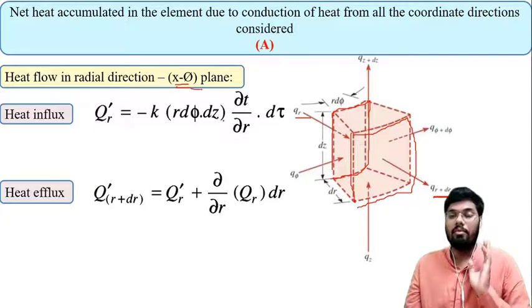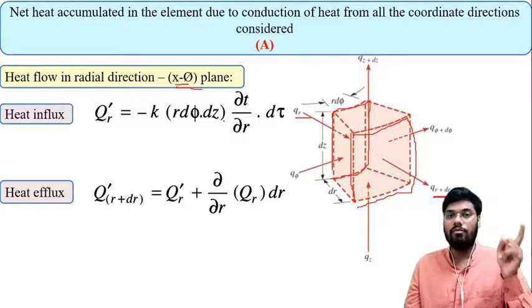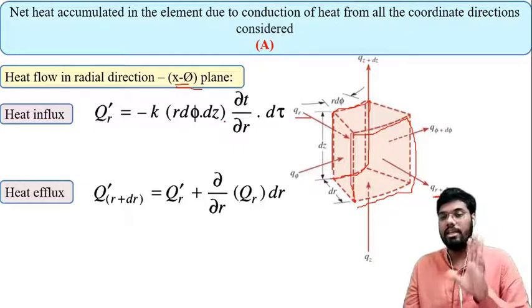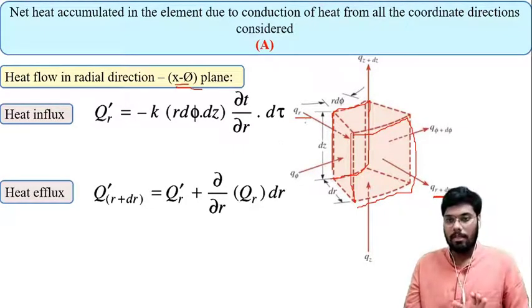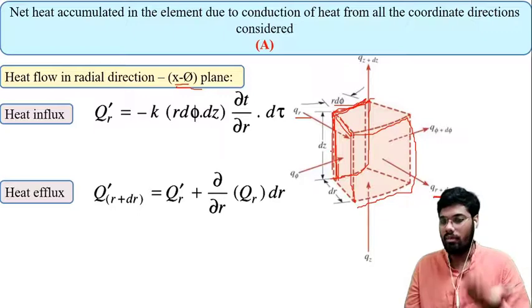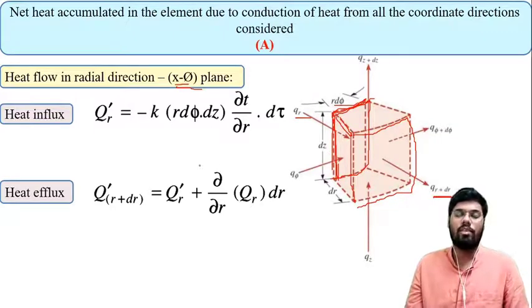When we are talking about the radial direction, what would be our area? In Cartesian coordinates, for the x direction the area would be dy and dz. With the same logic, for the radial direction the area of heat transfer would be r d phi dz, as we can see from this figure.